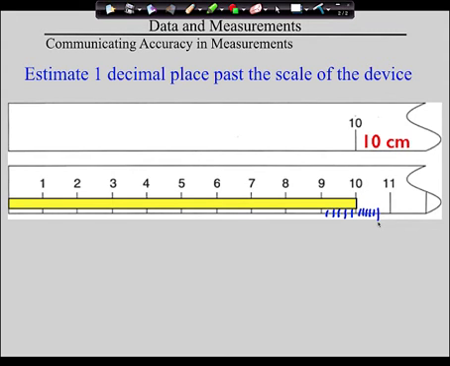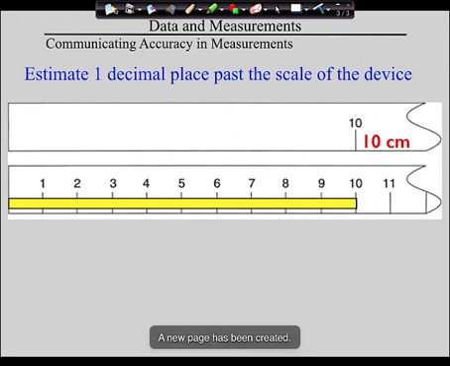No. So this thing is 10 centimeters long, but we looked for tenths and didn't find any. So what are we going to write down to communicate that this yellow thing is not just 10 centimeters long, it's 10 centimeters long, and we know it's not 9.9, and we know it's not 10.1? What do we write?